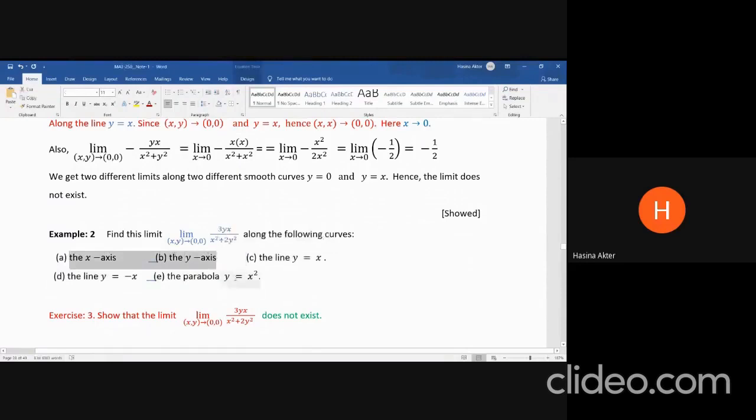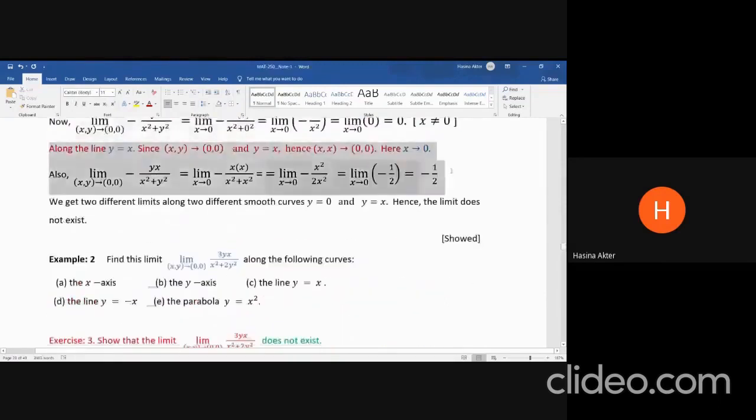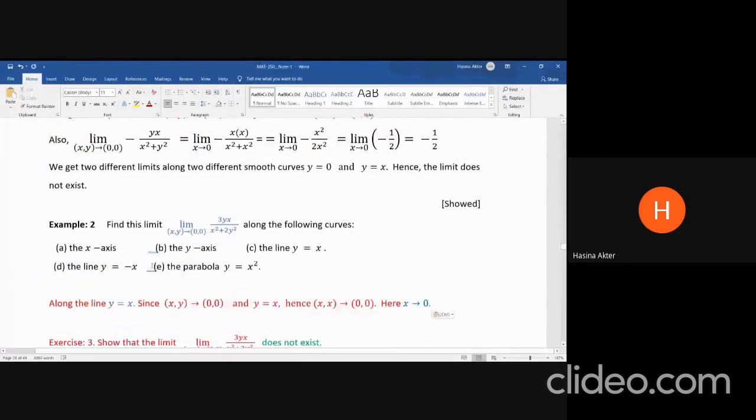If you go with the curve y equals x squared, remember, if x is close to 0, then x squared is also close to 0, right? That means x, x squared tends to 0, 0.